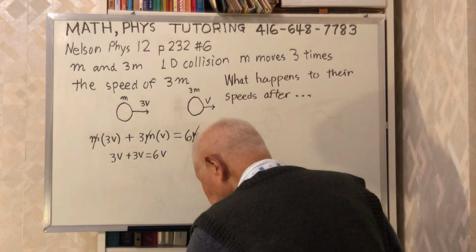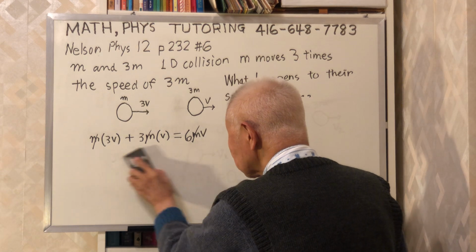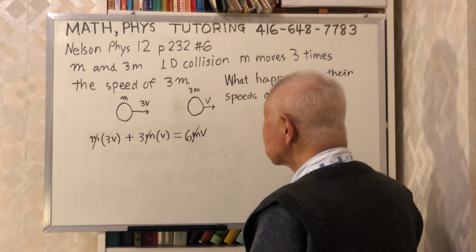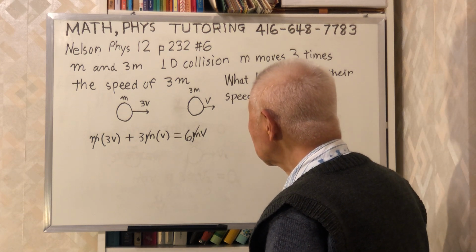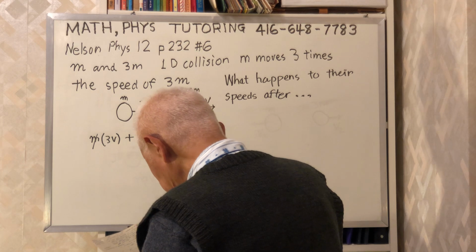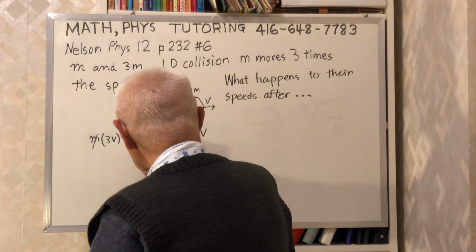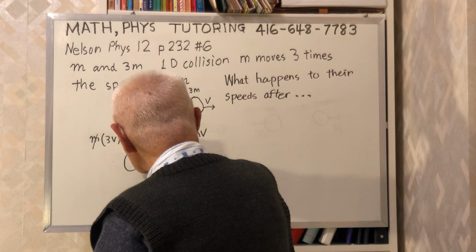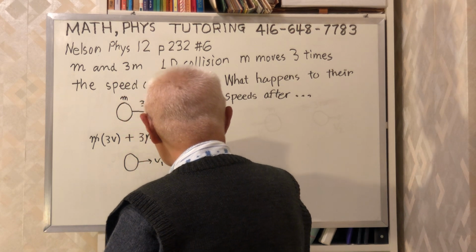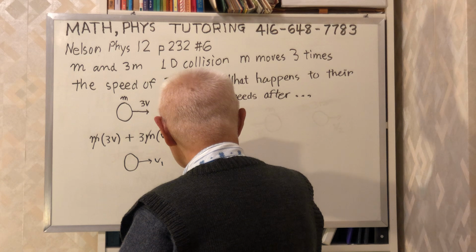Total momentum is 6mv. That's what I want to know. Afterwards, I need to assume v1, v2 now. This is similar to the first case. I assume this v1 and I assume this v2.